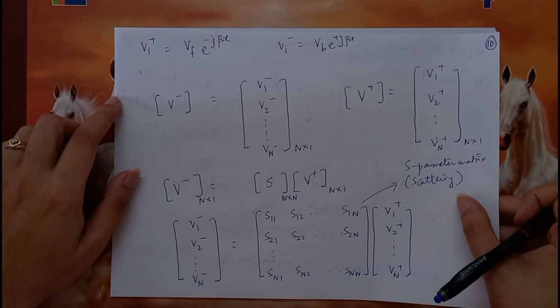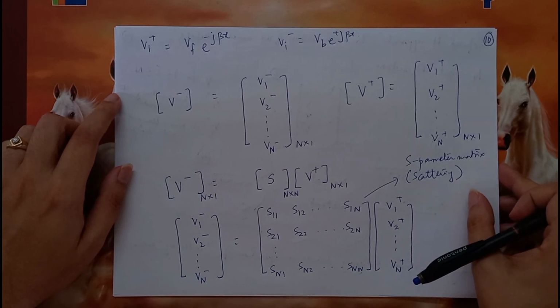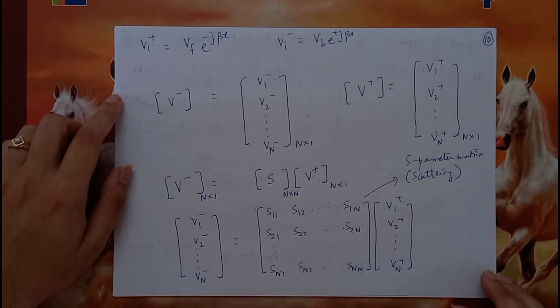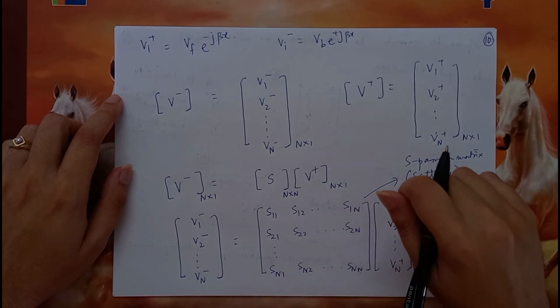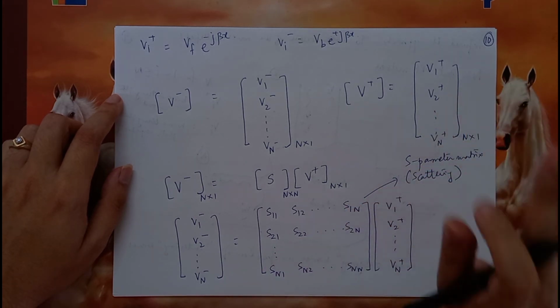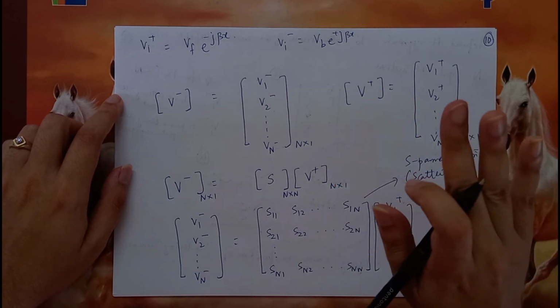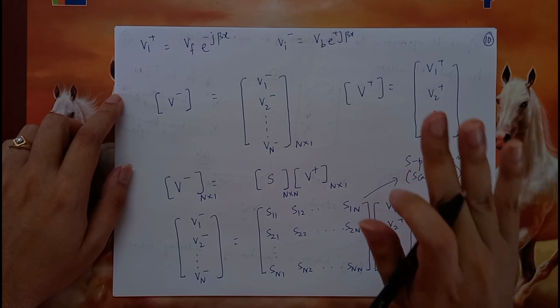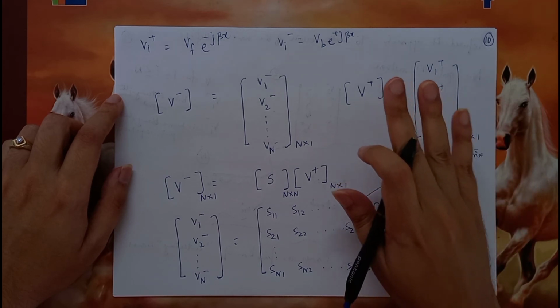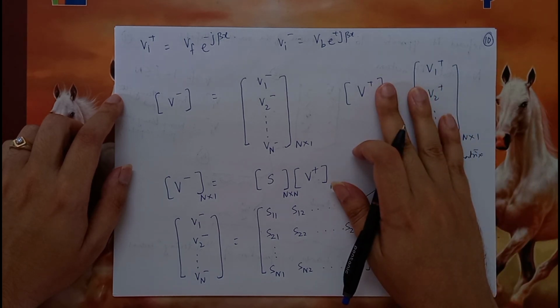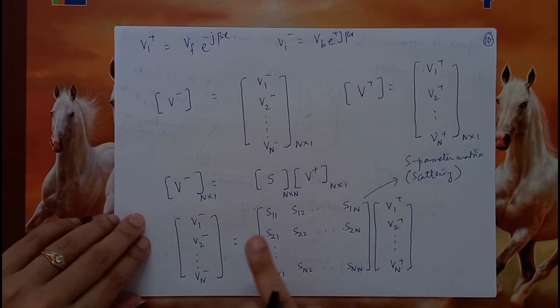Now the question is, even if you define it in this format, what is the big deal? How have we been able to circumvent the problem of having to deal with open circuit or short circuit, which are useful only at low frequencies, not at high frequencies? Well, let us see.